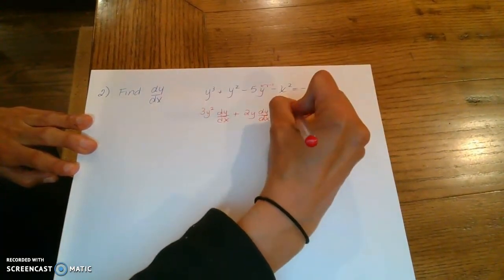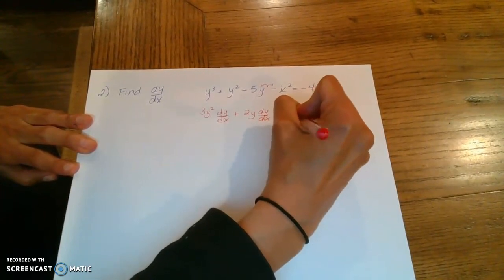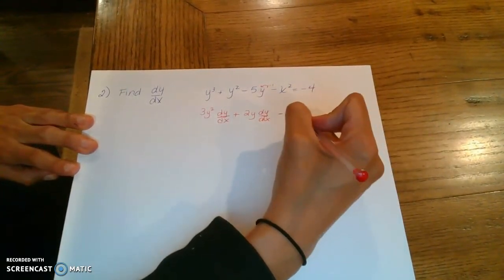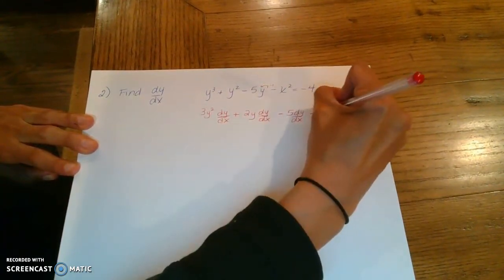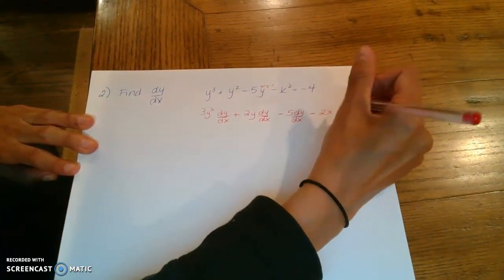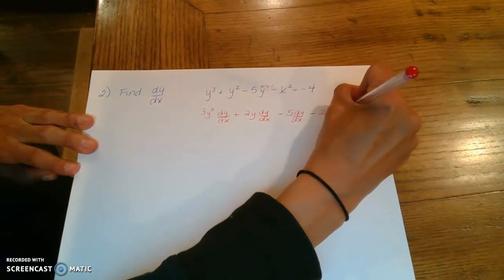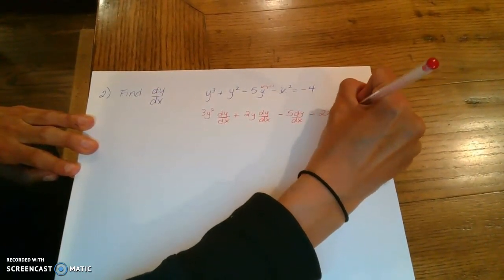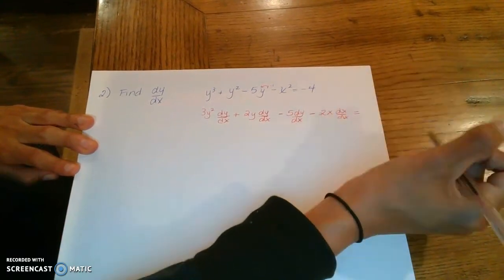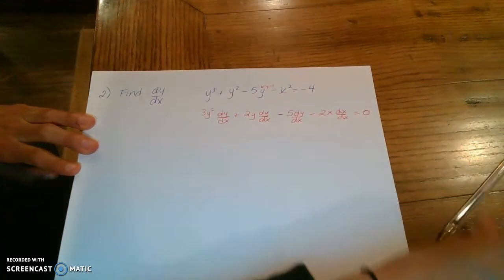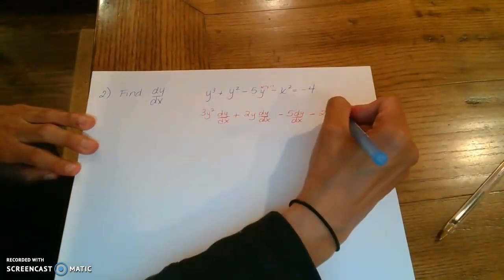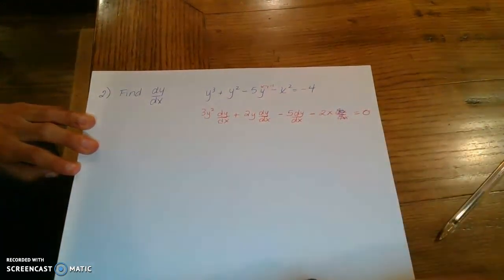So the y goes away, but you have to finish by saying dy/dx because you just took the derivative of y. Minus, this 2 comes in front. I get x to the first power, and technically you get the derivative of x with respect to x. And then finally equals the derivative of negative 4, which is 0. So now I look and I go, all right, this one I don't need there. That dx can go away.